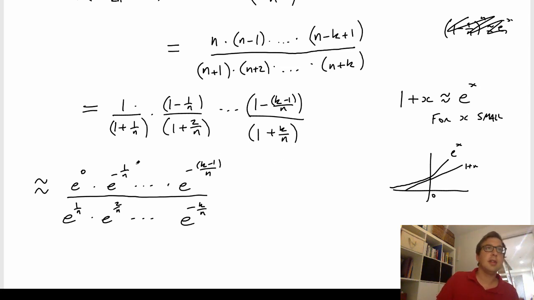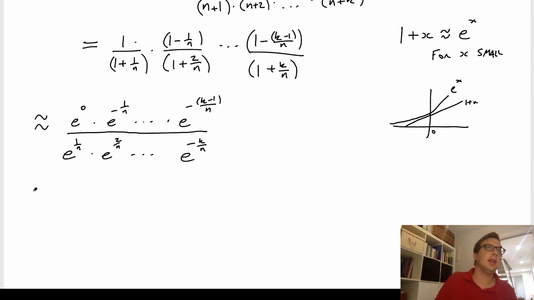So now let's look at what this looks like. If I collect together terms, and don't worry too much about the final remaining term here, I've got the exponential of minus 2 over n collected together.